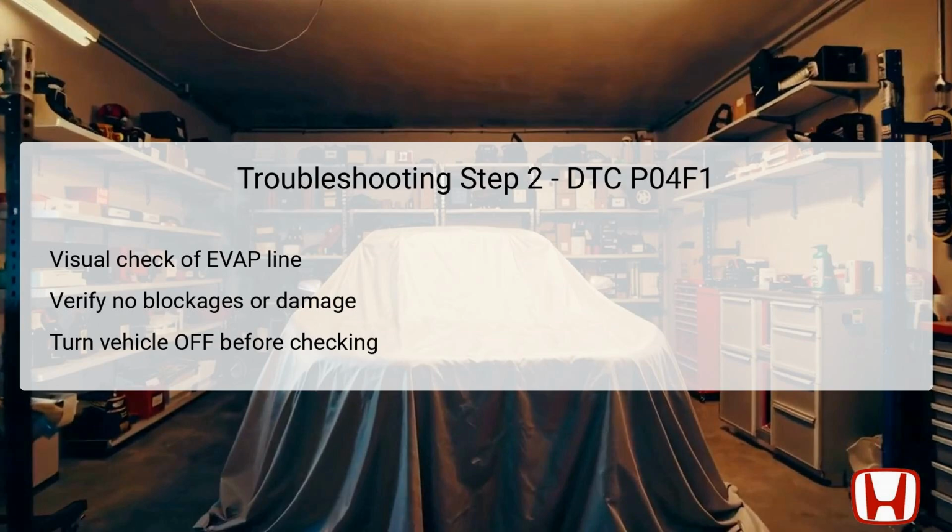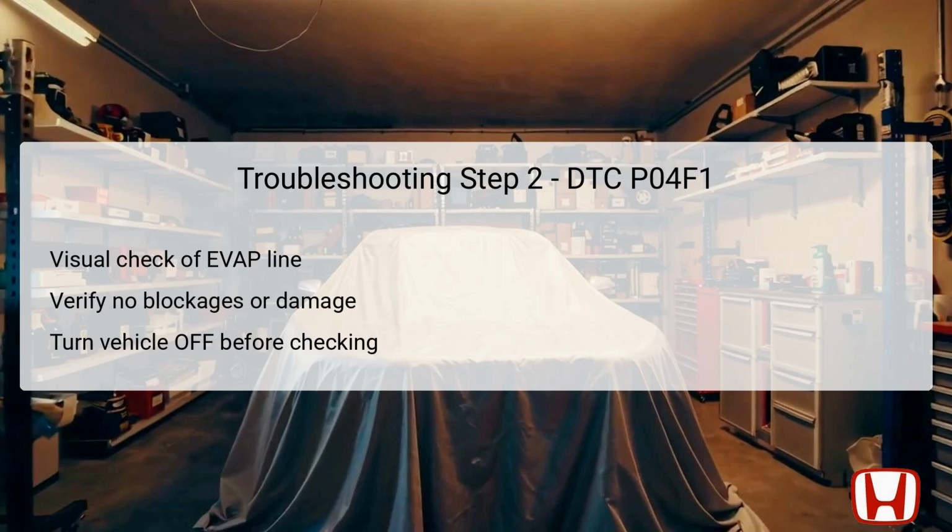In the second step, you will perform a visual inspection of the EVAP canister purge line. To start this process, turn the vehicle to the off mode to ensure safety while you examine the system. Focus on the purge line that runs between the throttle body and the EVAP canister for any signs of a poor connection, blockage, or physical damage.